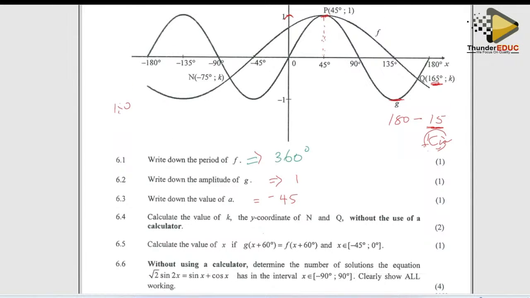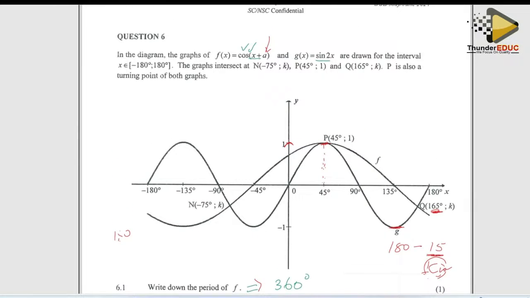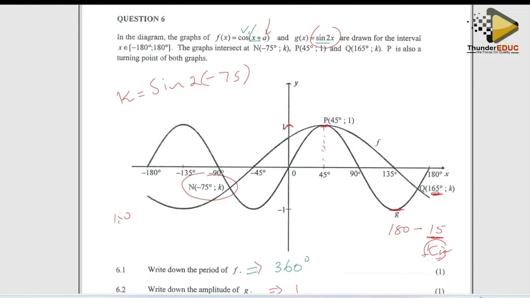Since it's just a 2-mark question, calculate the value of k without the use of a calculator. So what I can do is substitute this in and say that the sine of 2 into negative 75 should give me k. So this becomes negative 150.